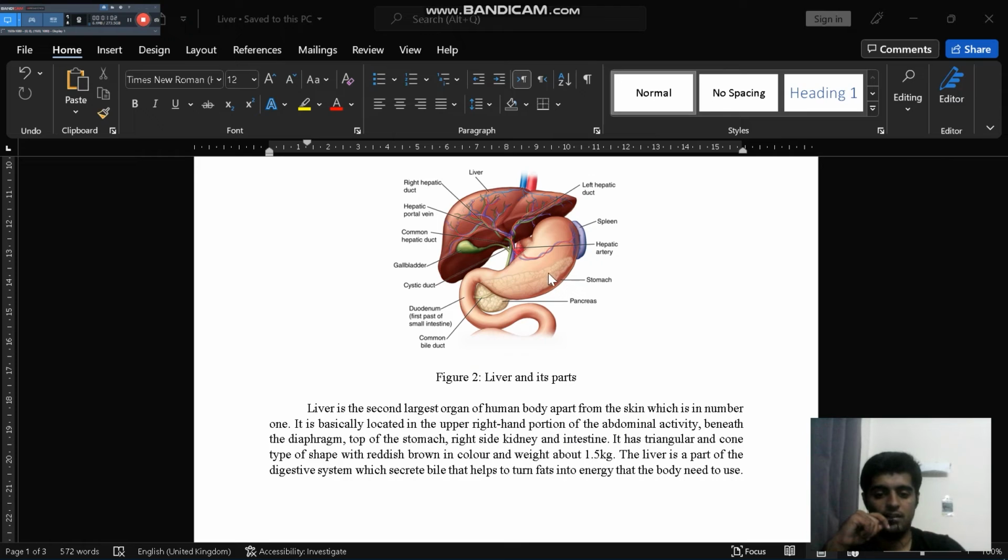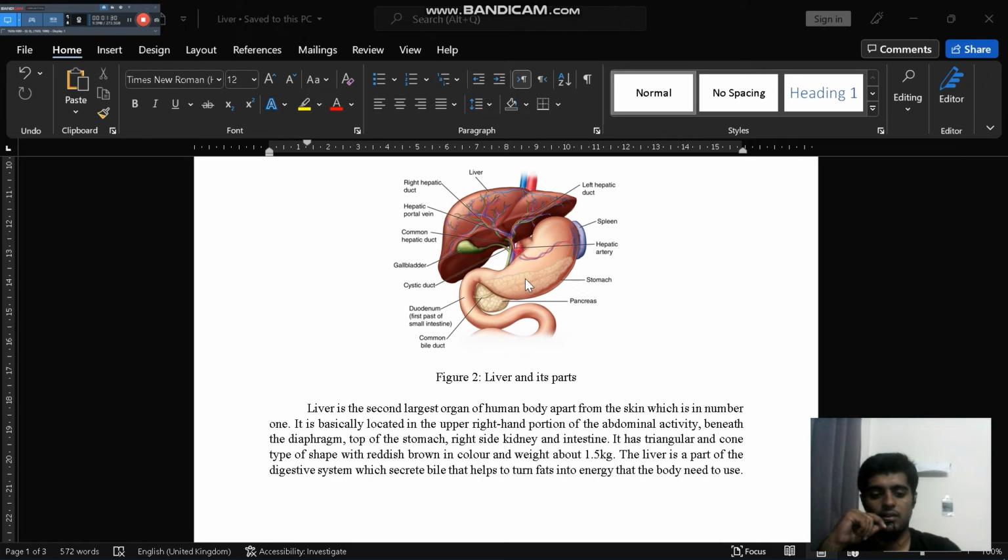It is located at the upper right-hand portion of the abdominal cavity, beneath the diaphragm and on top of the stomach, and it is next to the right kidney and the intestine. It is triangular and cone-shaped, reddish brown in color, and weighs about 1.5 kilograms, or about 3 pounds.